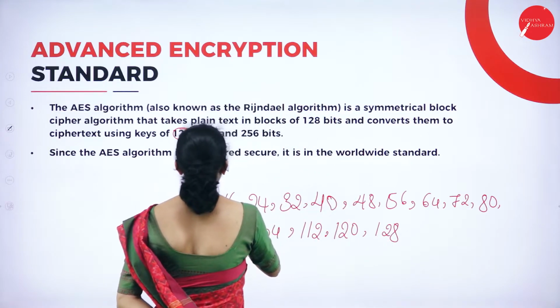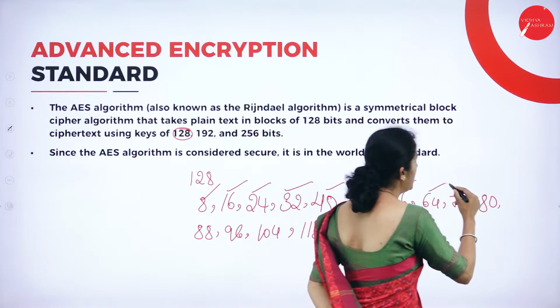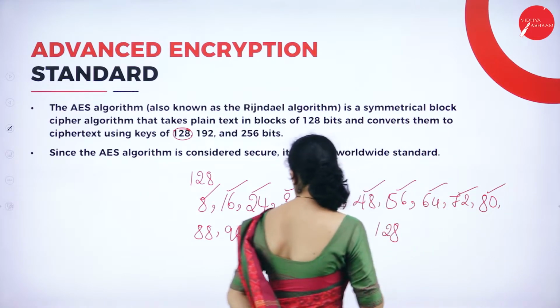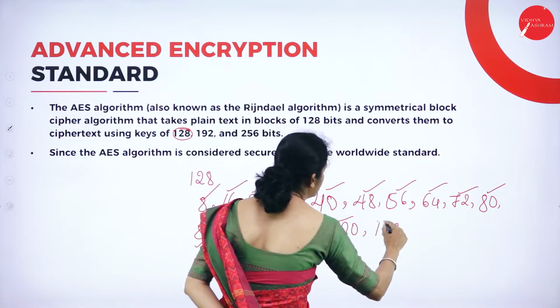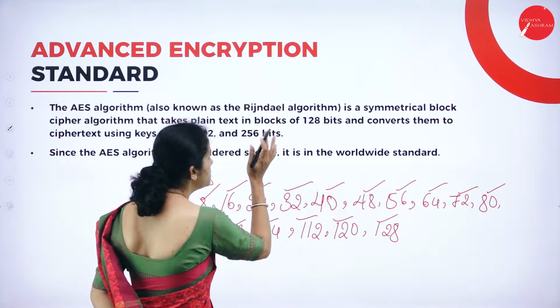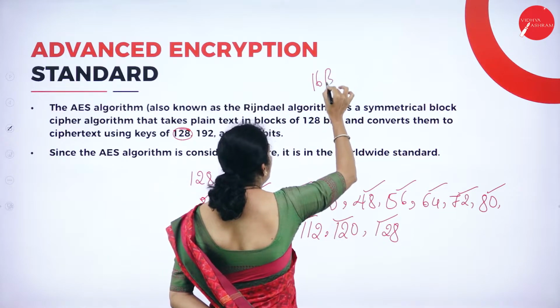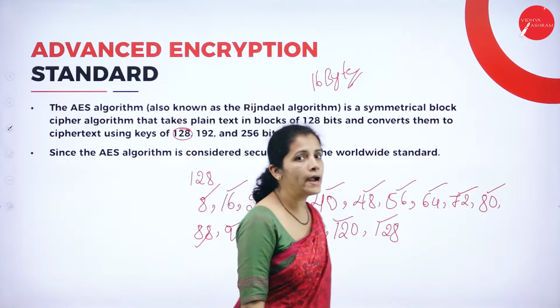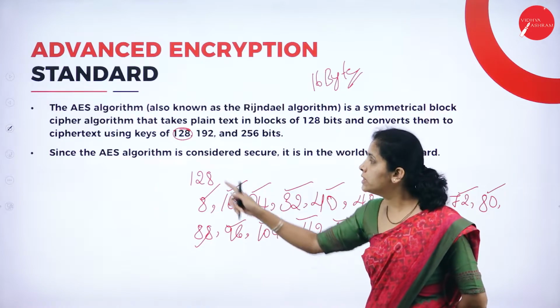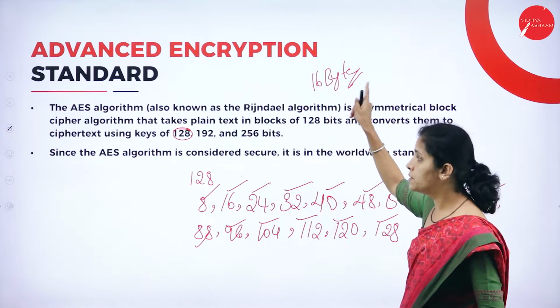So here 1, 2, 3, 4, 5, 6, 7, 8, 9, 10, 11, 12, 13, 14, 15, 16. So it mainly uses 16 bytes. Here it's mainly based on bytes, and if I go with 128 bits, then it is 16 bytes.